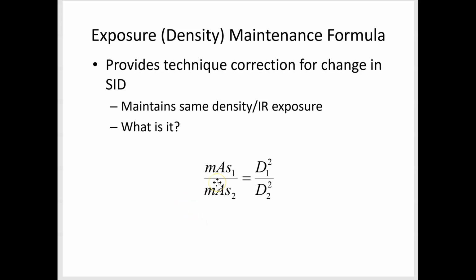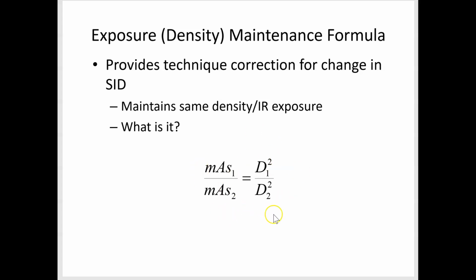To recognize the difference between looking for a change in dose when you change distance, you would look for roentgen or milliroentgen or some dose factor in your original intensity and your second intensity. If it's the density maintenance formula, you're going to see in the problem the term maintain the same IR exposure, maintain the same density, maintain the same brightness.